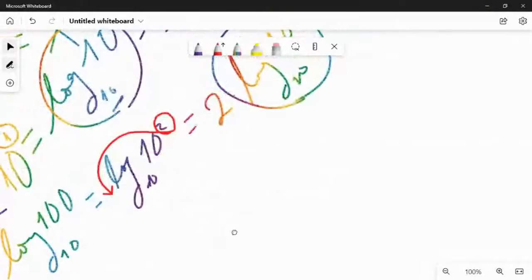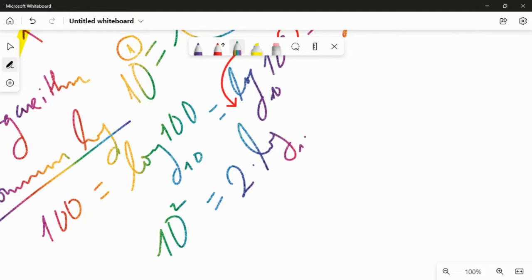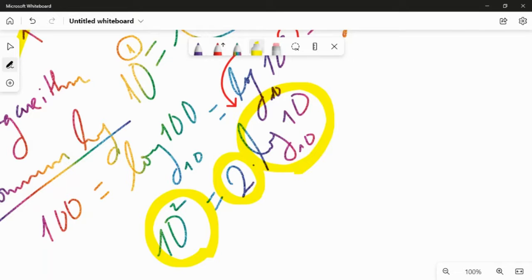It was originally 100. 100 is 10 squared. When you turn it into log, it becomes 2 times base 10 log of 10. So what do you see here? This is basically what's going on here.